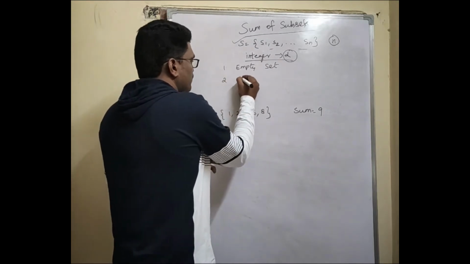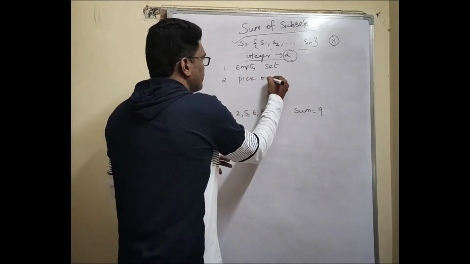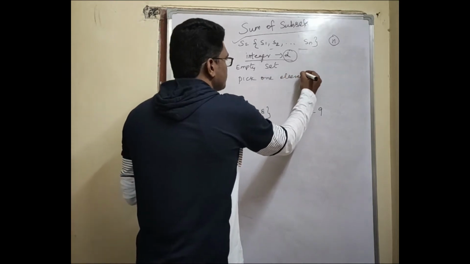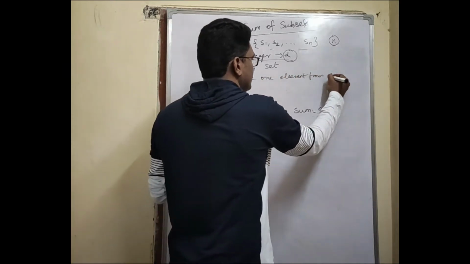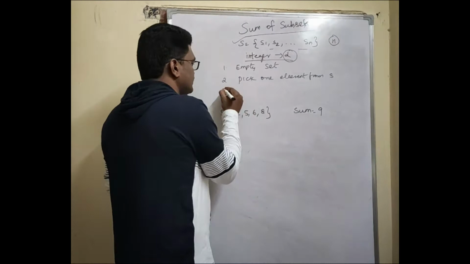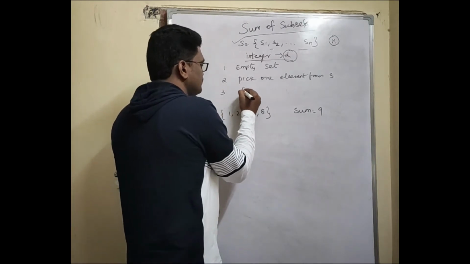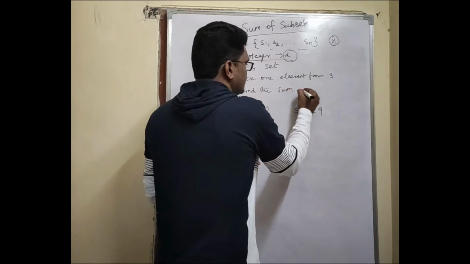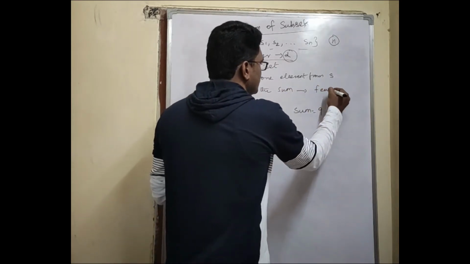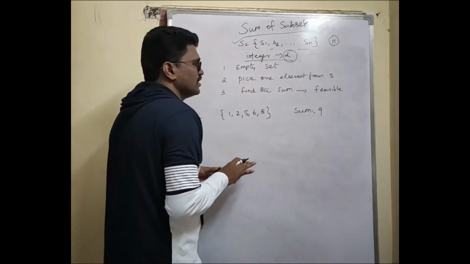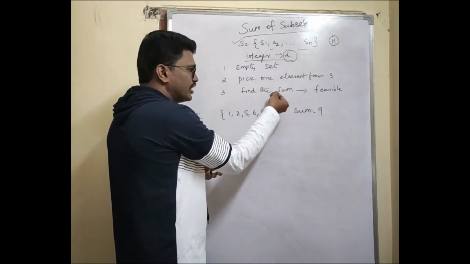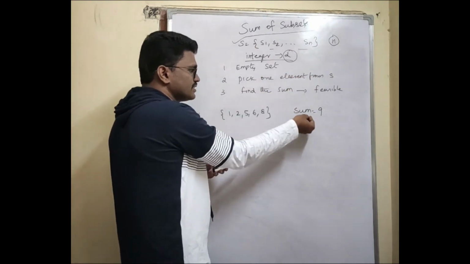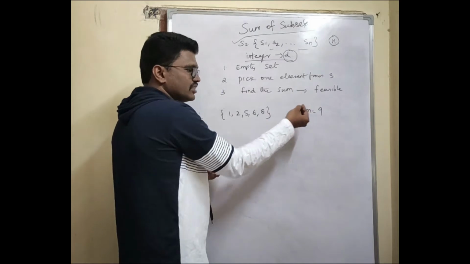Then we pick one element from the set S, find the sum, and check whether it is feasible or not. Feasible means that after you pick this element and add it to the sum, the sum is less than or equal to the given integer.